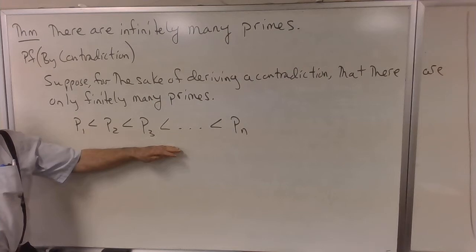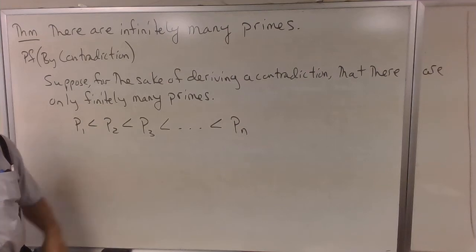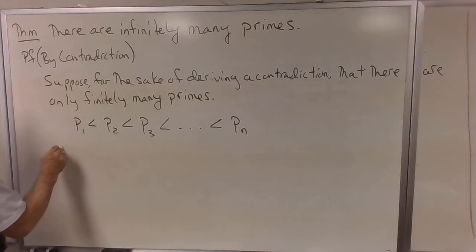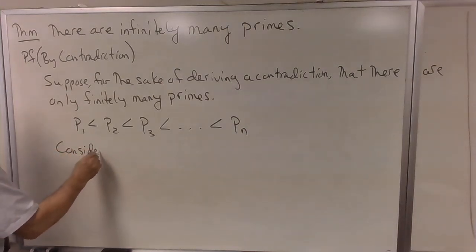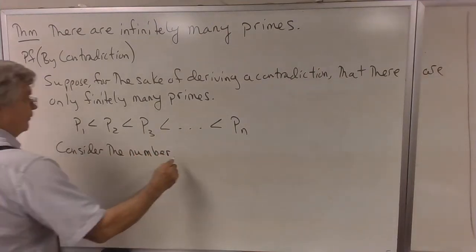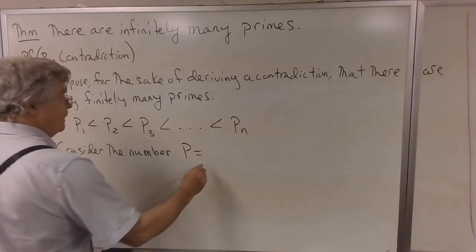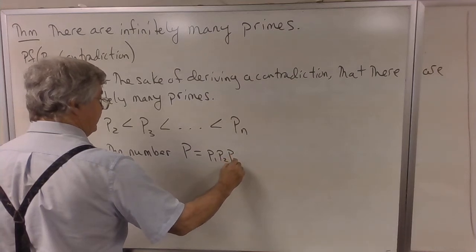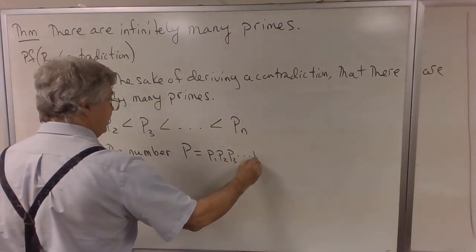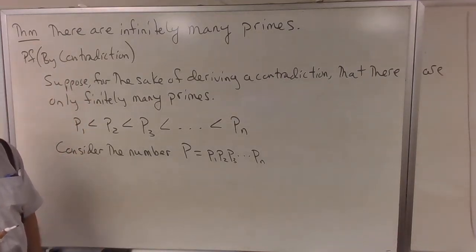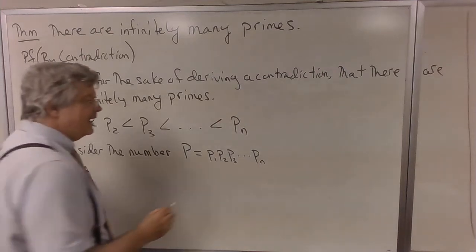There are only finitely many primes. That's what we're assuming, and we've got them listed here. So what we do is we compute the product of these primes, and we add 1 to it.